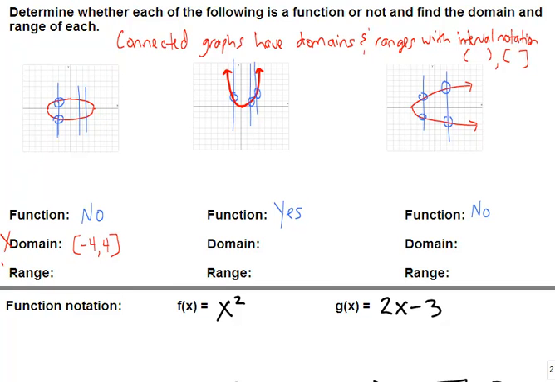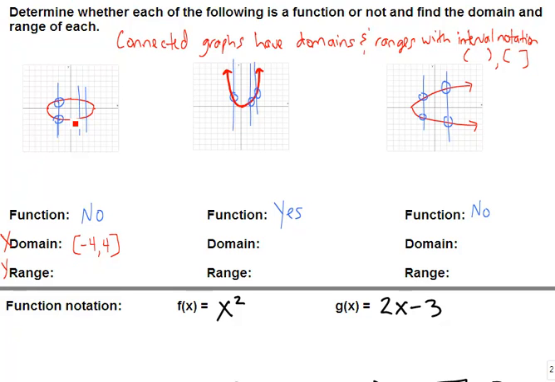For the range, we want the y values. So for y's, you want to think along that y-axis, up and down. So to get this in the right order, think of your lowest y value up to your highest y value. So think of your lowest point up to your tallest point. What y values do those go through?